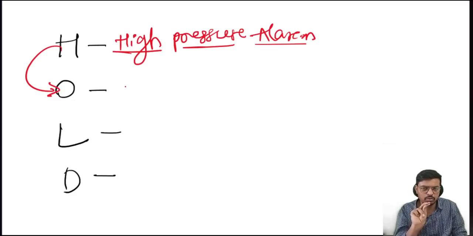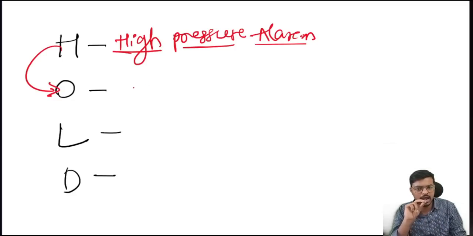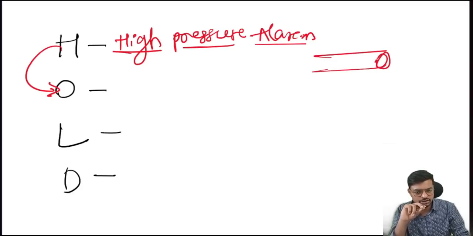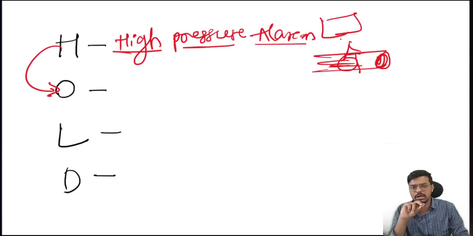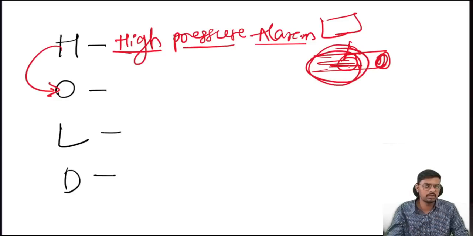Okay, consider this is the tube. When there is obstruction in the tube, the pressure will increase in the tube. This increased pressure sends a response to the ventilator, so the high pressure alarm generates.